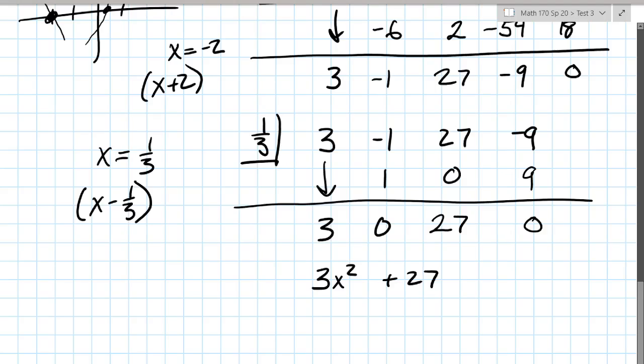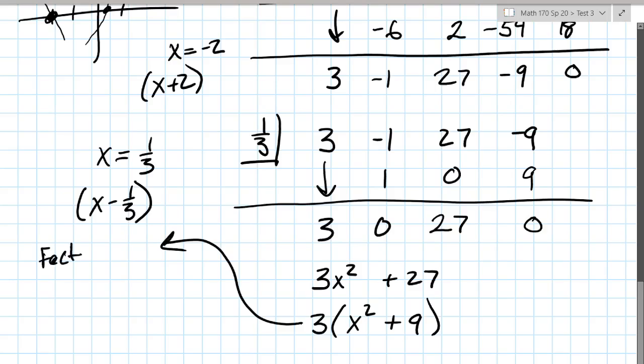When we have 3x squared plus 27, we can just solve this like we're used to doing. I want to point out that there's a common factor of 3, so we would like to factor out that 3. There is a factor of 3.